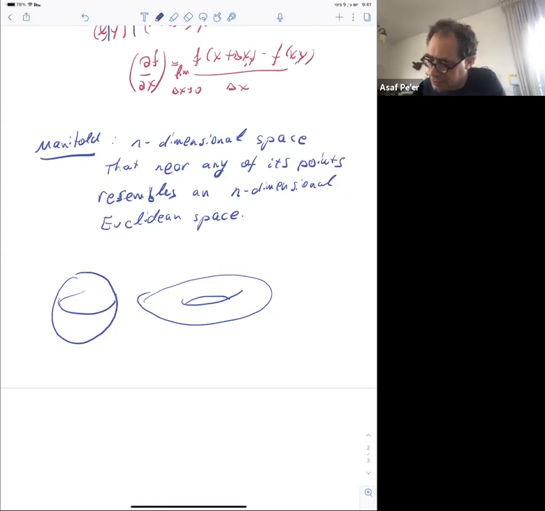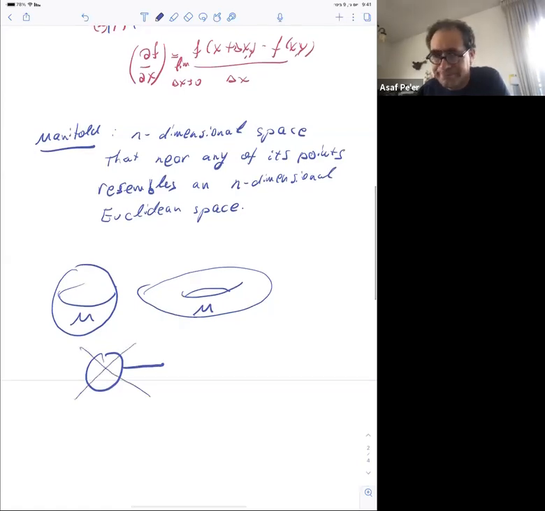A space which looks like that is not a manifold. Anything that looks smooth. We don't want to get into the mathematical imagination. Okay, we're doing physics.